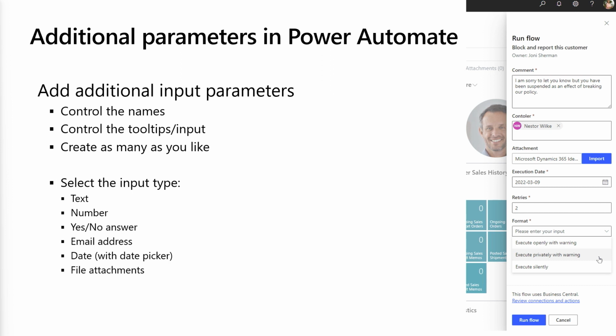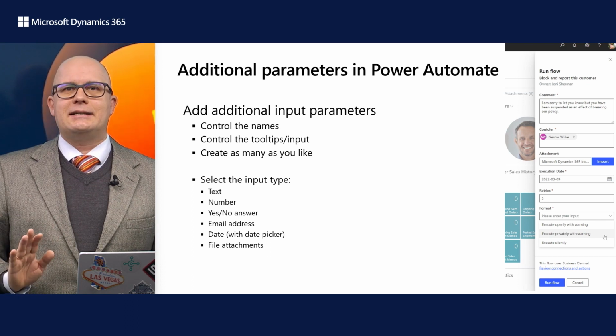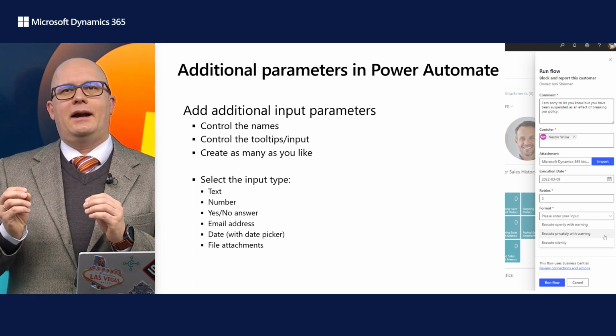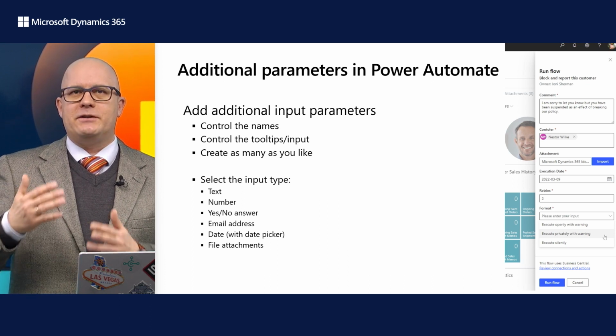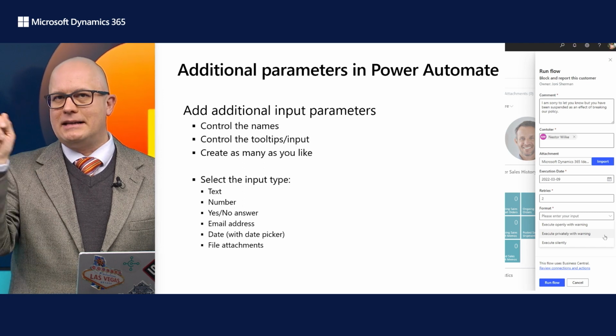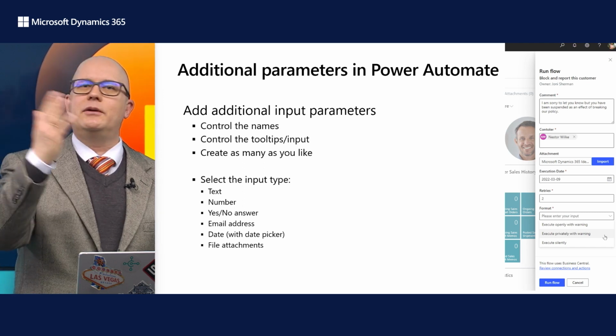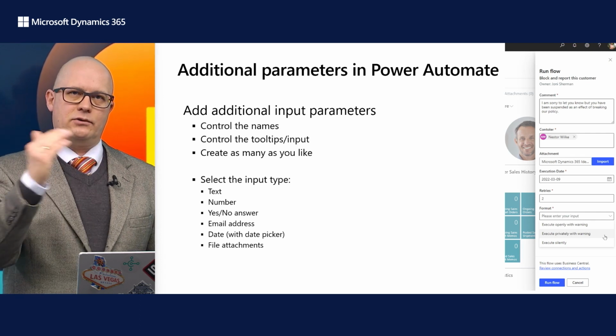We can attach some documentation that is linked to this case, for instance. We can even set an execution date and so on. As you can see, this is just an example. This is not part of the standard Business Central logic. Someone who created this flow has chosen some parameters in Power Automate, and they will just show up in Business Central like this when you run this flow.